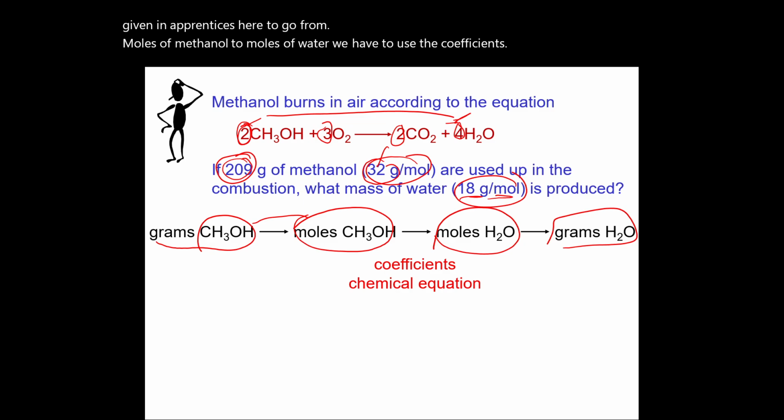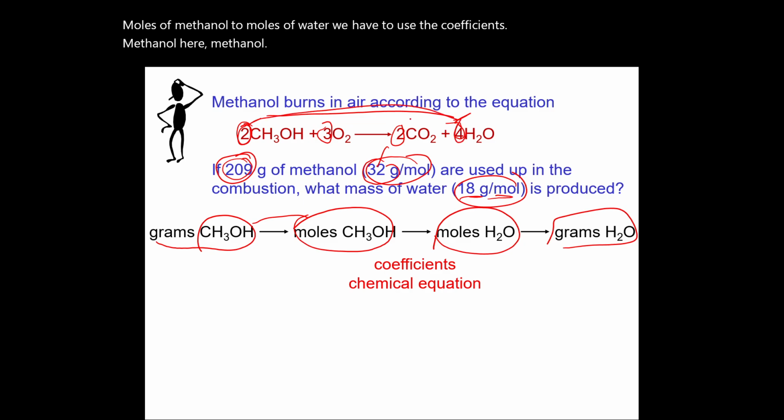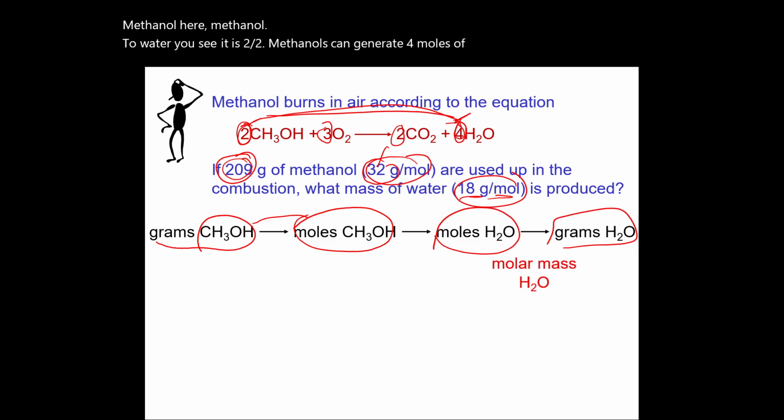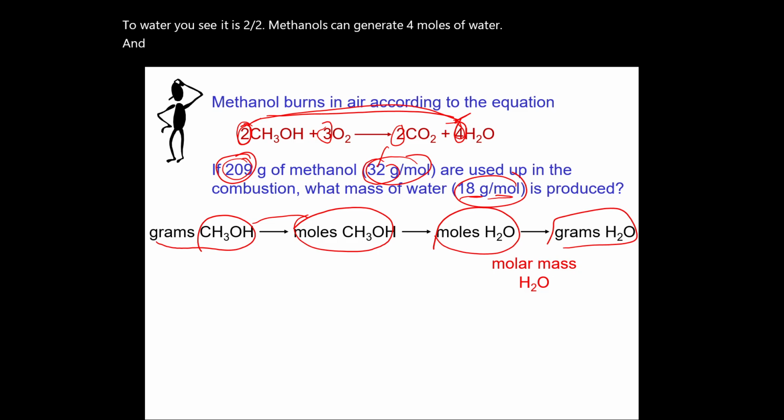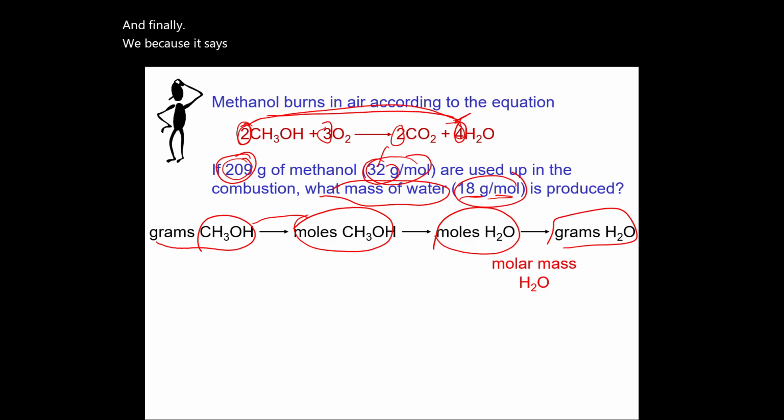Methanol to water. You see, two methanols can generate 4 moles of water. And finally, because it says what mass of water, we have to convert moles of water to grams of water. So we have to use the molar mass of water.